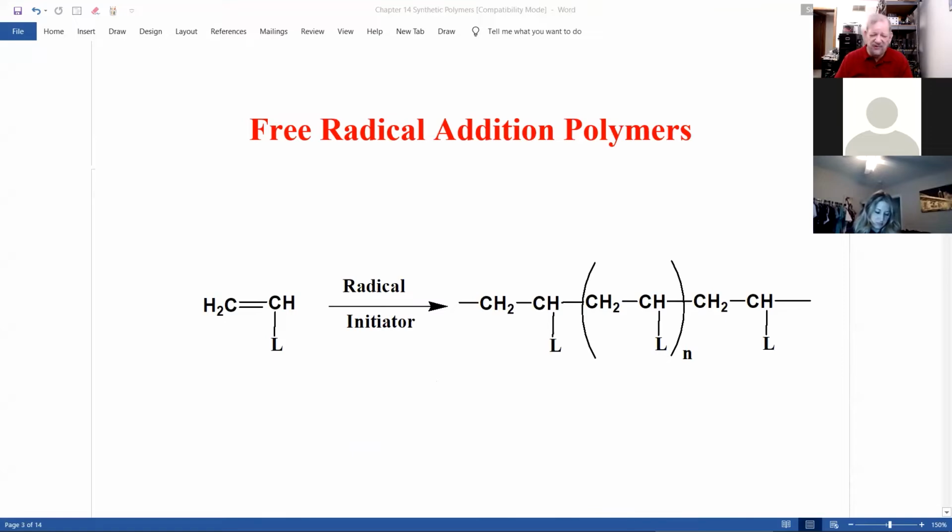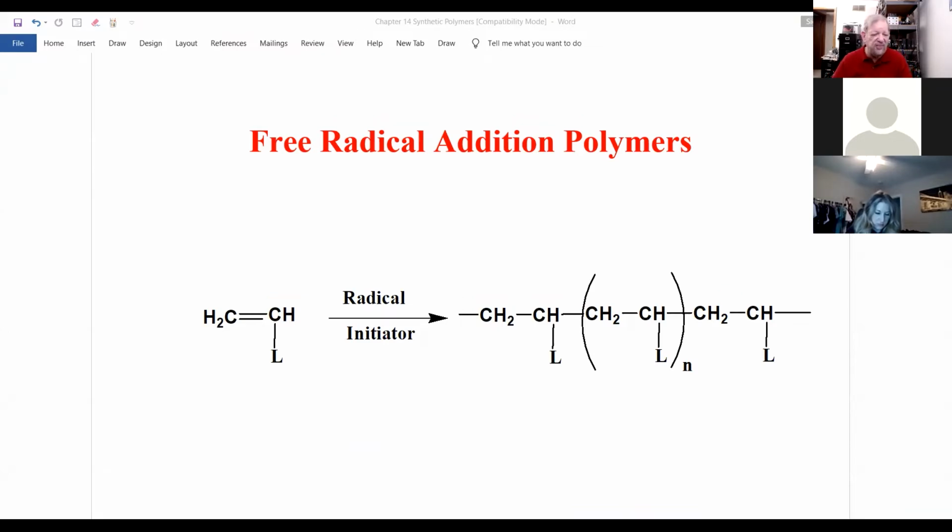Now, what happens is you take a double bond, a molecule with a double bond. This is called a vinyl molecule, where you have something L. And polymer chemists use that letter L. I don't know why, but they do. And you have something that is called the radical initiator. And what the radical initiator does is convert this into a radical. And a radical is an atom, a carbon atom, with one very reactive electron besides its other electrons.